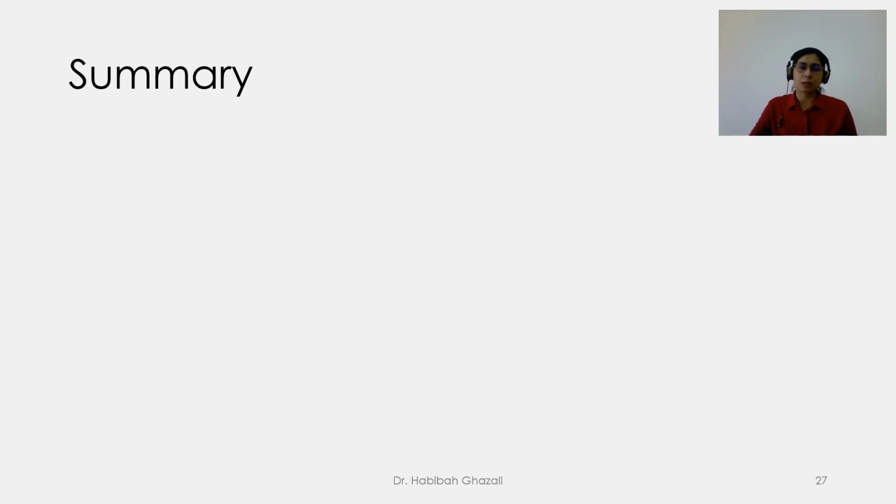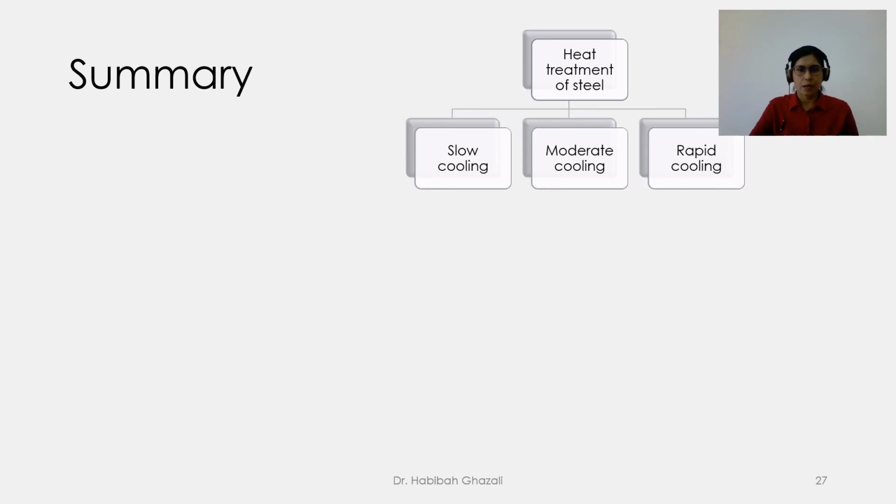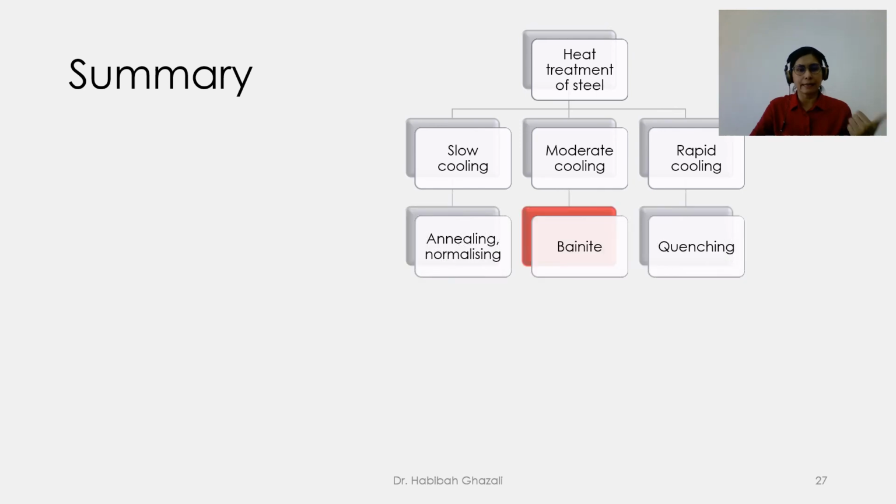For heat treatment of steel, I can characterize them into three different cooling rates. Slow cooling rate, so heat treatments like annealing and normalising can be categorized as slow cooling rate. Then we have rapid cooling, which is quenching. And in the next lecture, we will look into moderate cooling rate.